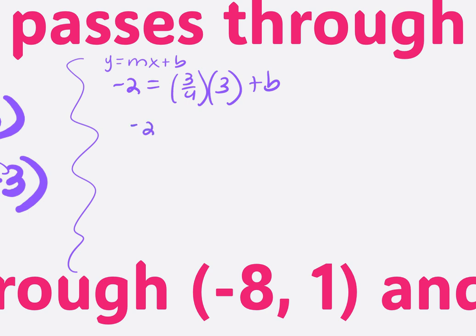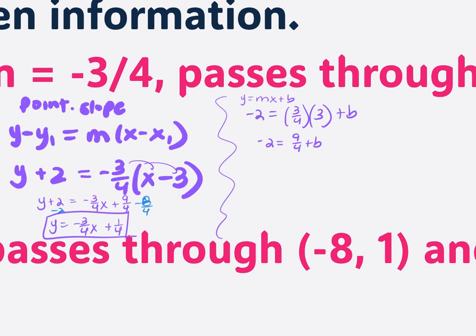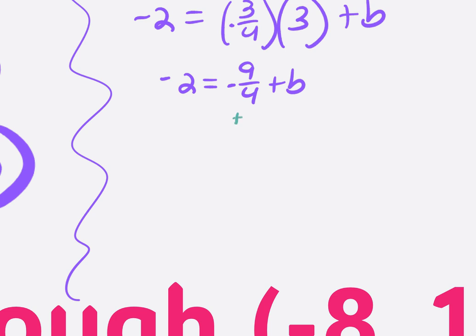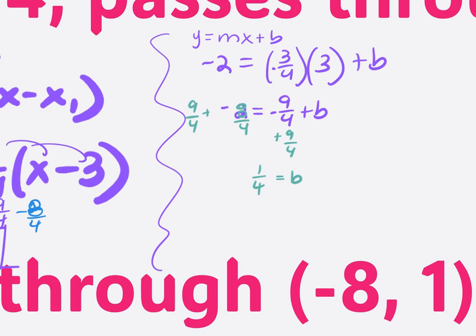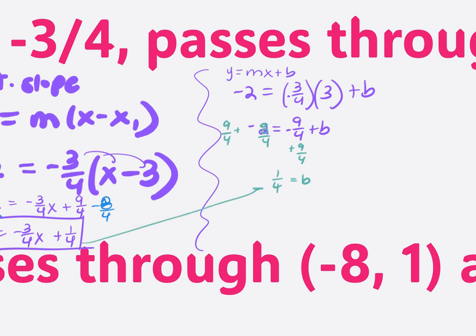So then I get negative 2 equals negative 9/4 plus b. Thank you. And then I would add the 9/4. I still have to convert that negative 2 to negative 8/4. b is still a positive 1/4.